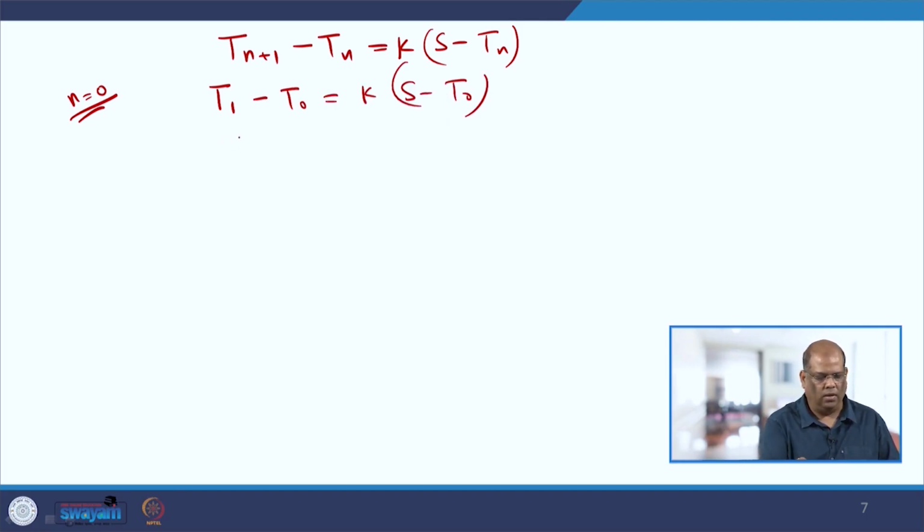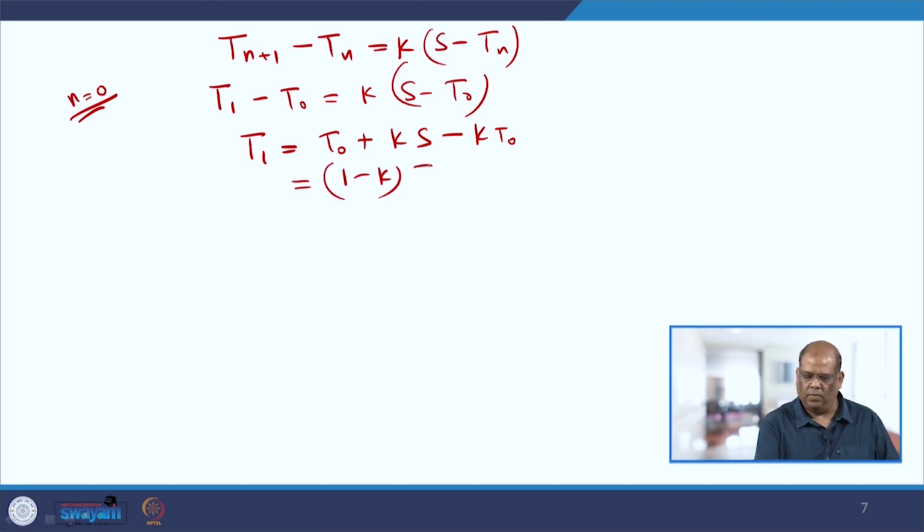Similarly, you can get T1 is equal to T0 plus kS minus kT0. So, (1 minus k) times T0 plus k times S.